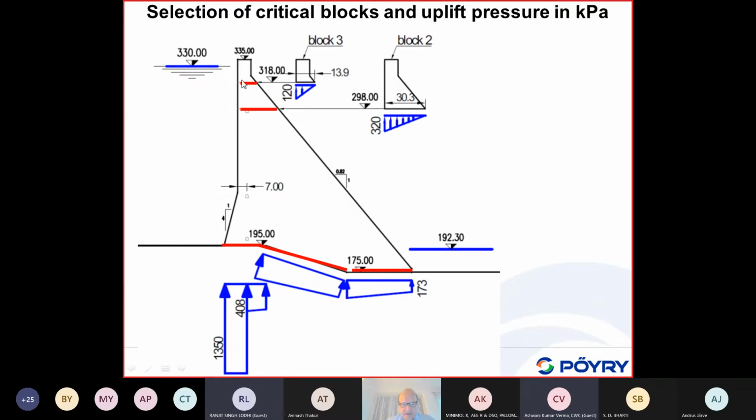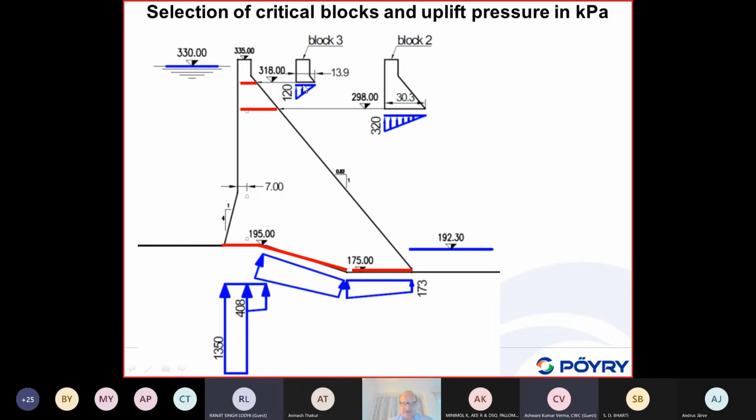We have also assumed that if this crack develops, water may seep into it and develop a standard triangular uplift pressure distribution with zero pressure, of course, at the free surface. Similarly, we have that at this location.